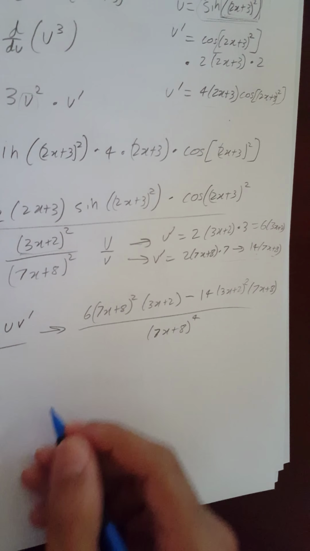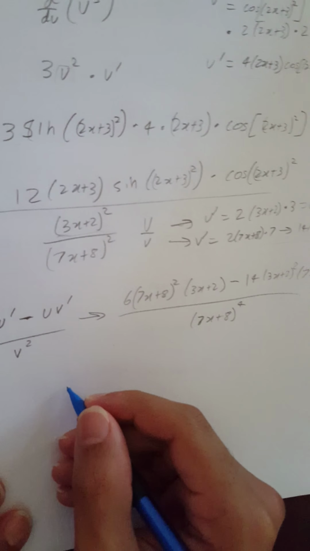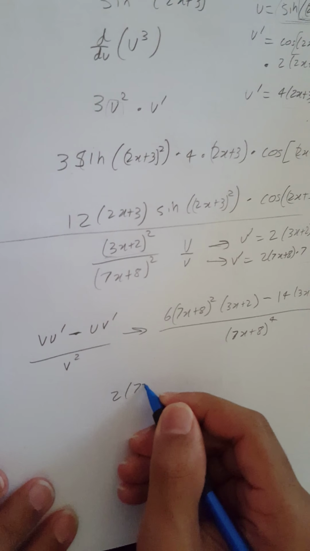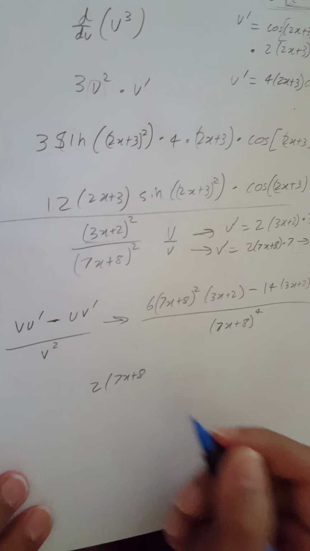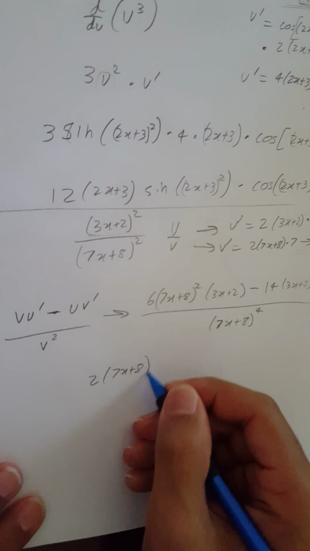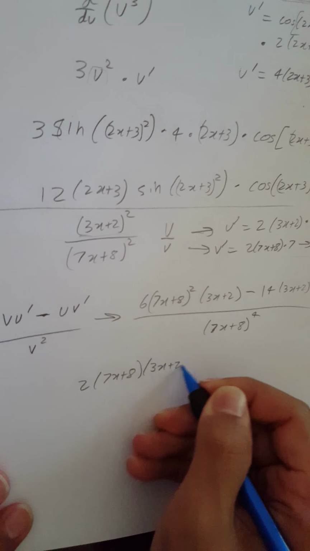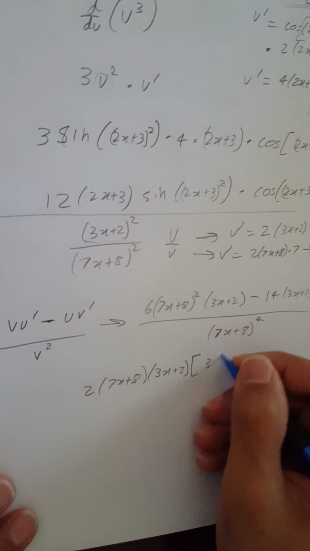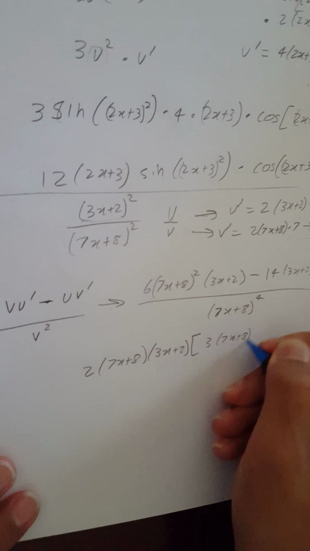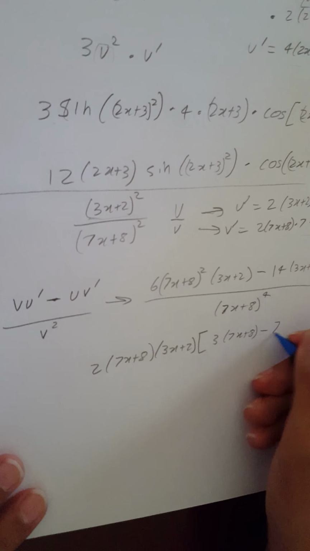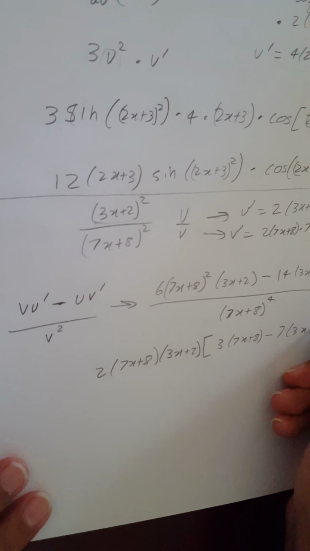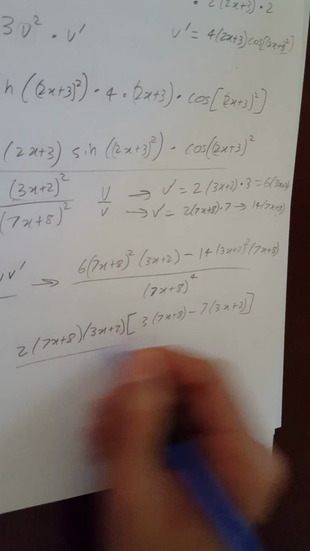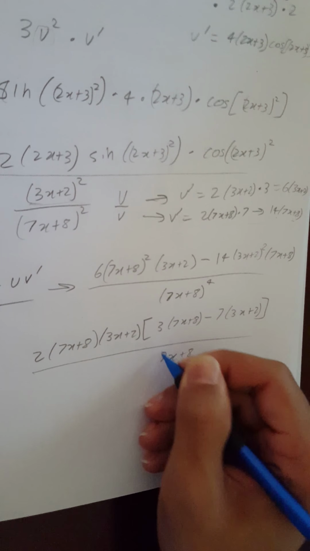And I'll just collect the like terms on top. I'll factor out 2, (7x plus 8), and (3x plus 2). And you get on the inside 3 times (7x plus 8) minus 7 times (3x plus 2), all over (7x plus 8) to the fourth.